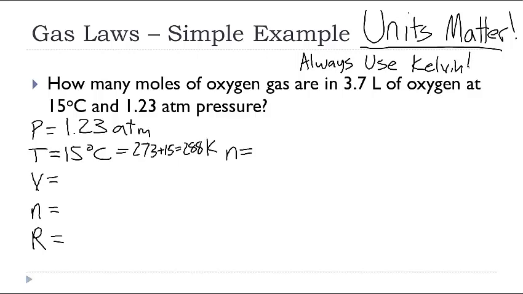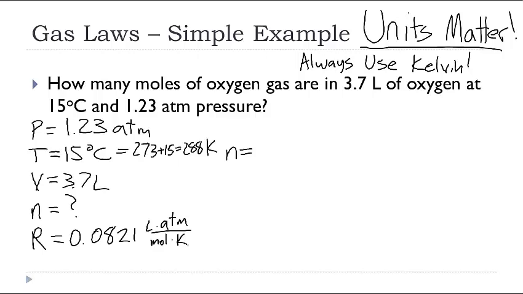All right. Volume we're given is 3.7 liters. Number of moles is what we want to know. R, which R value should I use? 0.0821. I personally, when I solve equations, like to solve with the letters and then plug in. Some people like to plug in and then solve.